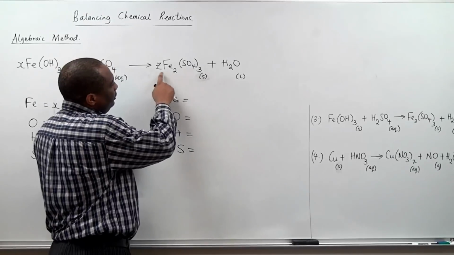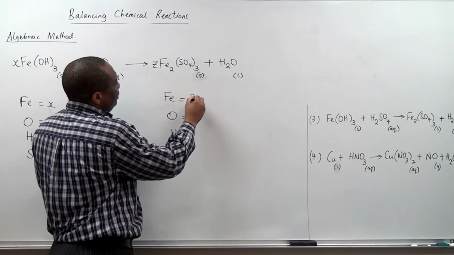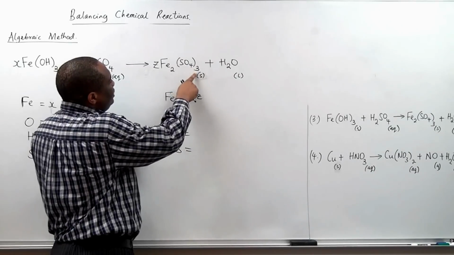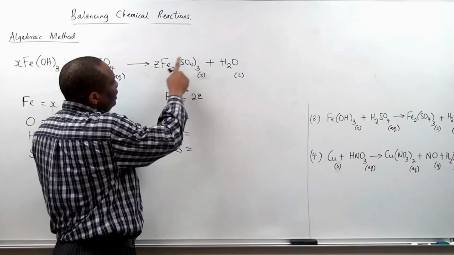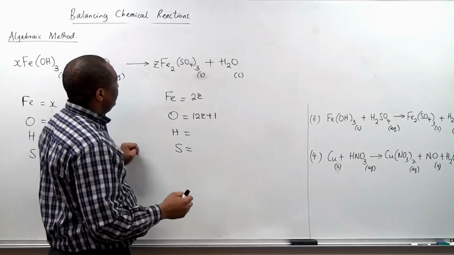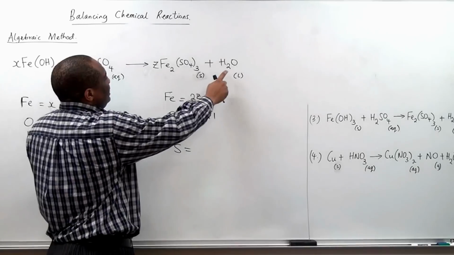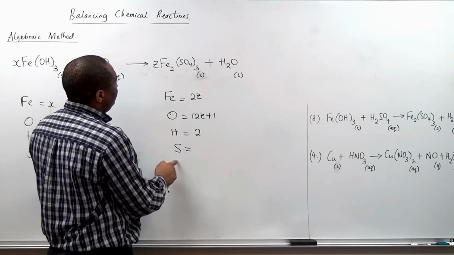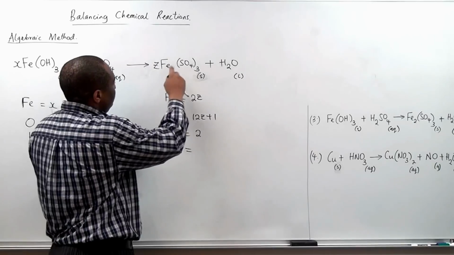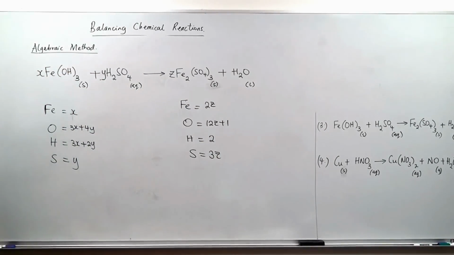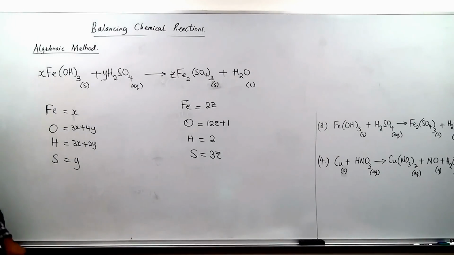Then here, over to the products. Iron is 2Z. Oxygen is 4 times 3 is 12, 12Z plus 1. Hydrogen is 2. And sulfur is 3Z. Okay.